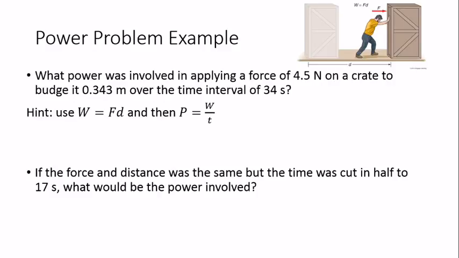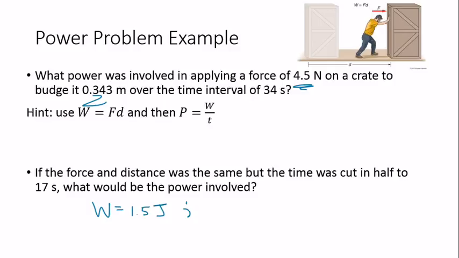So let's work this together. What if the force and the distance remain the same? So that means my work term is the same, which is 1.5 joules. I'm still going to relocate, pushing with a force of 4.5 newtons over a distance of 0.343 meters, and we got 1.5 joules.